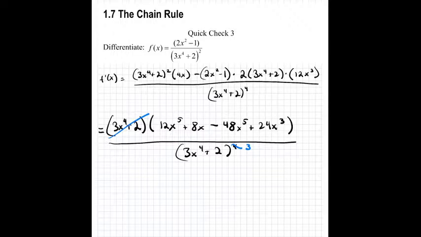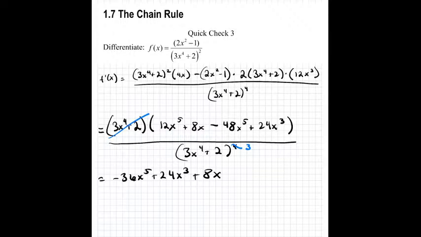Let me see. 12, what is that? 48, so 38, 36, so negative 36x to the 5th. 24x to the 3rd. Then plus 8x. Now we could factor out at least a 2.